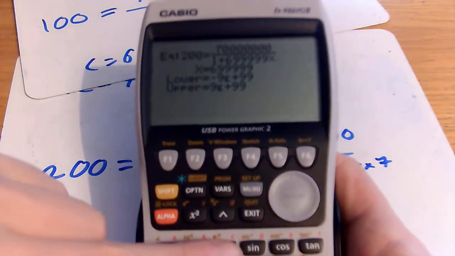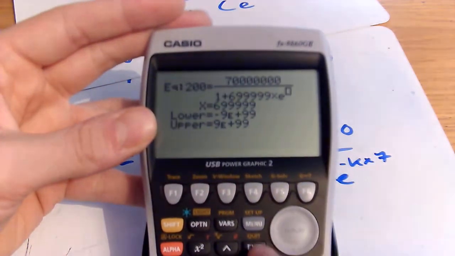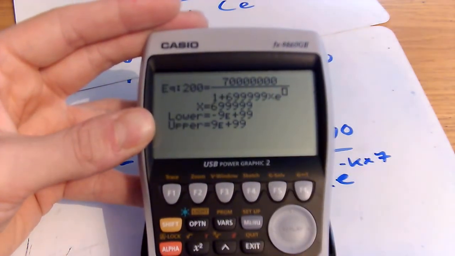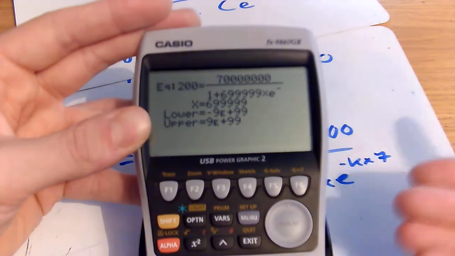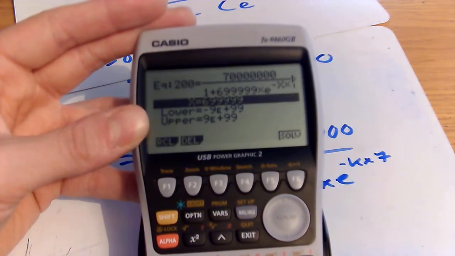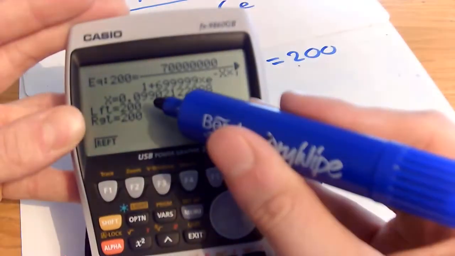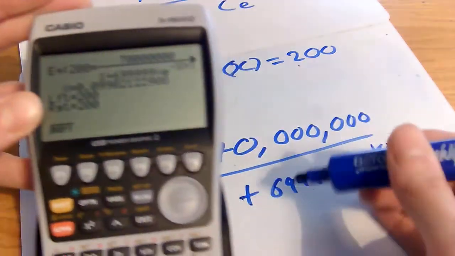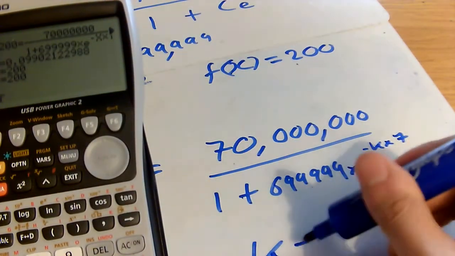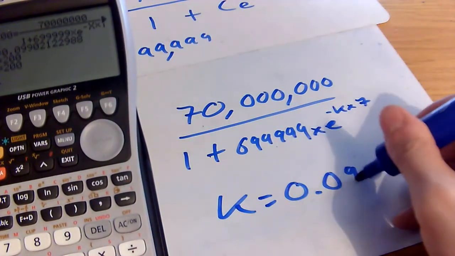So go Shift and press that button there, and it's the power of, well, it's negative k, but we're trying to find the k, so we put in that as x, multiplied by 7, that should be good, and we'll go to solve, and it's given this as 0.99021, so let's round it off then. Let's say that k is equal to 0.099. Well, that's our model.